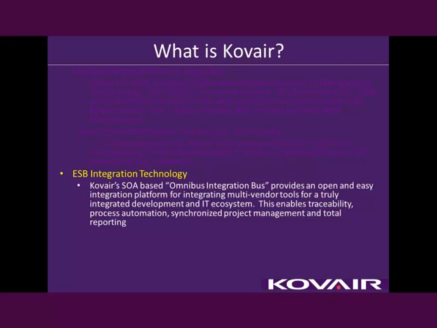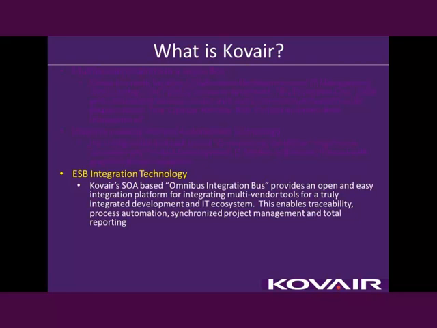The third component of Kovair is its integration technology called Omnibus. Using Omnibus, you can integrate any third-party development tool, as well as your own in-house tools. And since it is based on web services, these tools and applications can be running on any kind of platform, whether it is Windows, Linux, Mac, or Sun, or a mainframe, anywhere in the world, even behind the firewall.